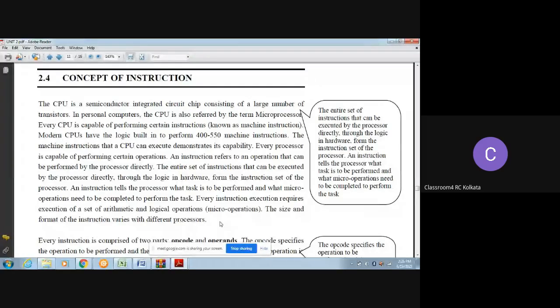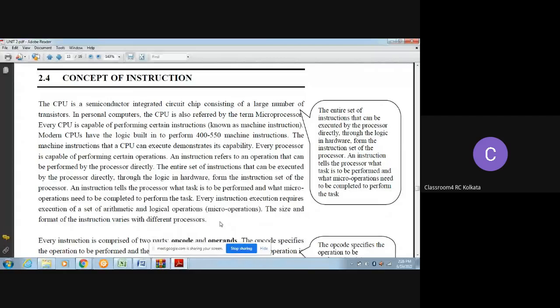Actually, previous class I told you there are 2 things in the computer. One is your hardware, another is the software. So what is a software? Software is nothing but a set of instruction. What is this instruction? Instruction actually means it is a coding.